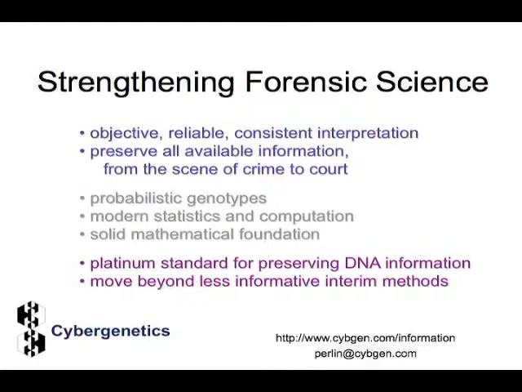And by using this type of system, forensics is relying on a solid mathematical foundation instead of on intuition or potential bias. Peter Gill talked about a gold standard. I'd suggest that systems that can extract, well, as far as we know, all the information out of the data might be a platinum standard for preserving DNA information and assessing the efficacy of other systems. And they move us beyond the less informative interim methods.